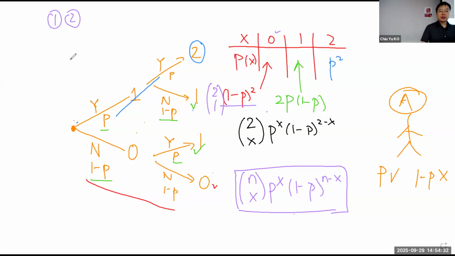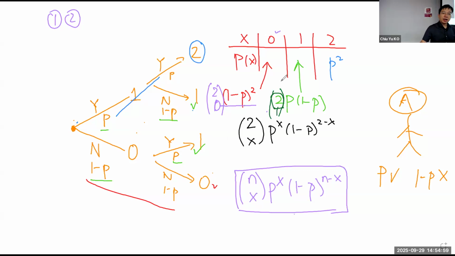So 0 means you draw no balls. How many ways to draw no ball? 2 choose 0. So that's why we have that. And now go to the second one. This is 2 choose, actually it's 2 choose 1.